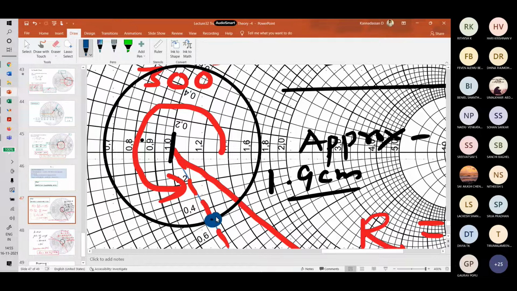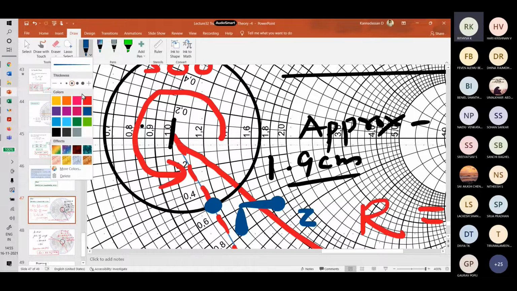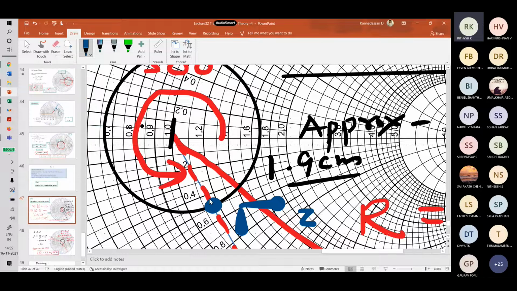You can see that this is the point which we have noted as gamma, and this is the same point which is nothing but the small z. From this particular point, we have to move to find out the real point.